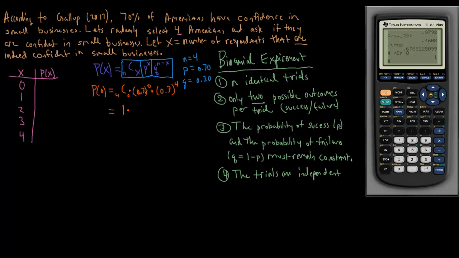Now, what's a non-zero number raised to the 0 power? Well, from your algebra, you hopefully remember that's also 1. So all we really have to do here is raise 3 to the 4th power, and we're done. Oh, not 3, 0.3 rather. 0.3 raised to the 4th power, and we get 0.0081.